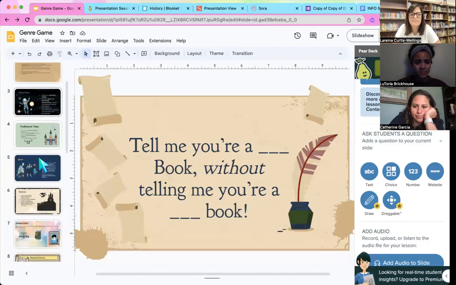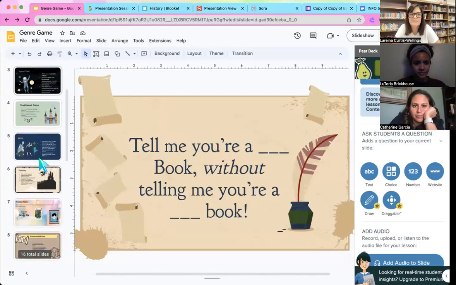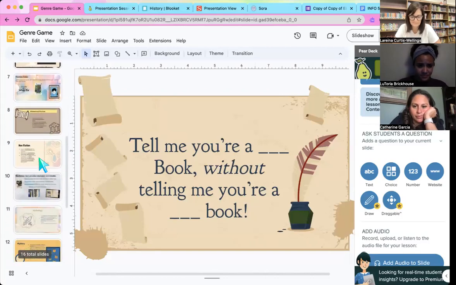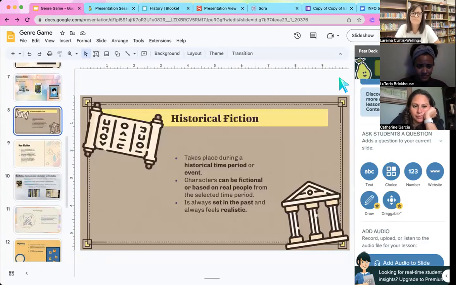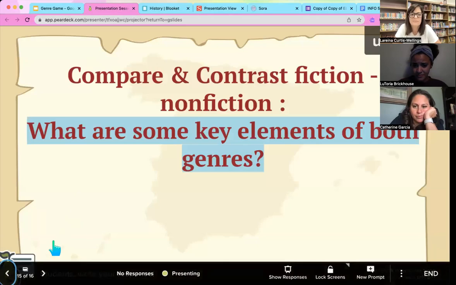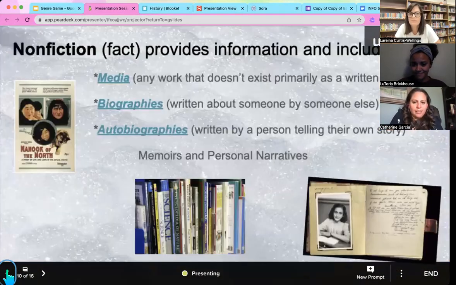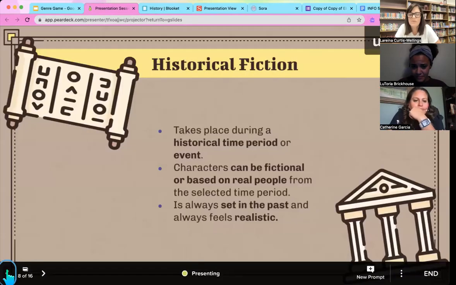So just by thinking about this quick review, what are some differences between fiction and nonfiction? Fiction is fake or made up, make believe, and nonfiction is true or factual. Okay. Anybody else?